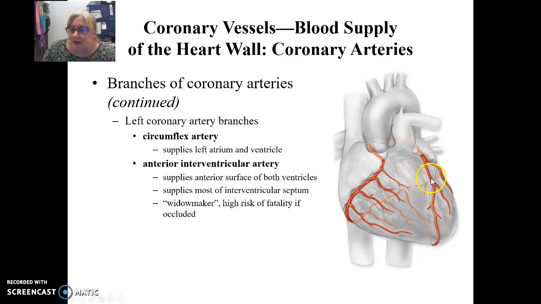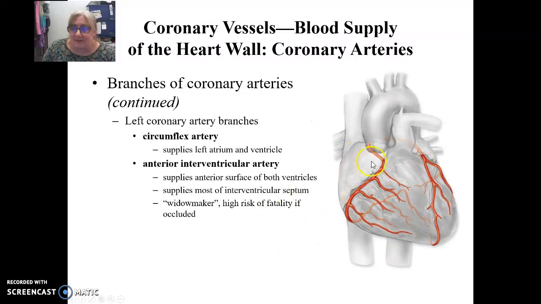If a blood clot occurs right in this area, or you have buildup of cholesterol or anything in this area, it leads to what we call a widowmaker heart attack. It's called a widowmaker for a reason. It makes widows. So this is a really important artery that needs to stay clean and healthy.